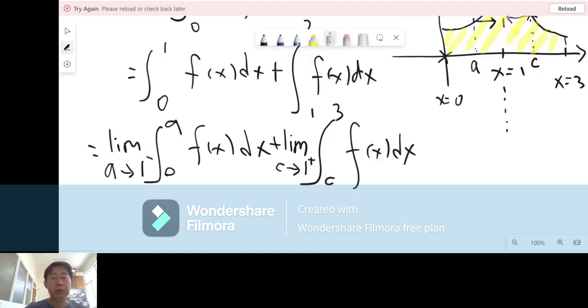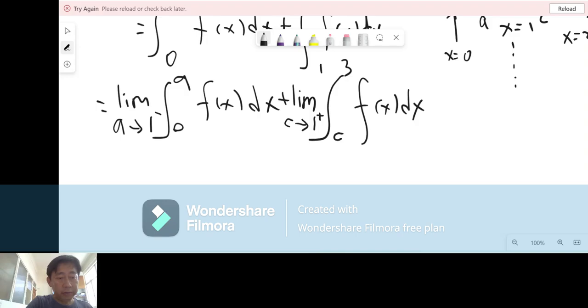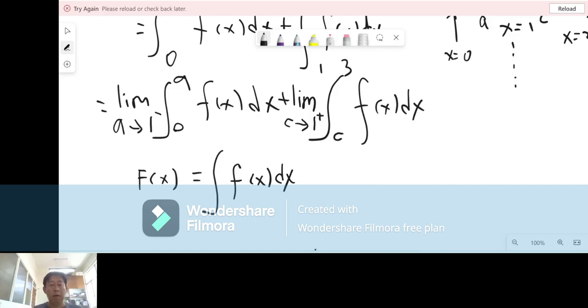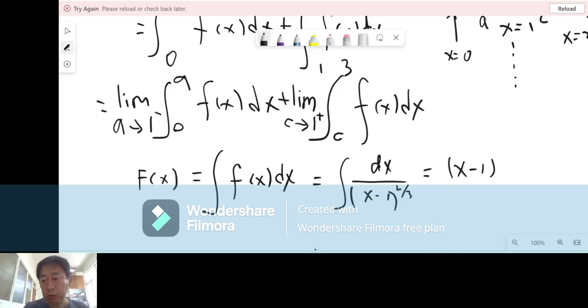To proceed with these integrations, we first define the capital function F as the indefinite integration of the small function f, which is just the integration of dx over (1 minus x) raised to the power of 2/3. And this is simply evaluated to be (x minus 1) to the power of 1/3 with a factor of 3 plus a constant.